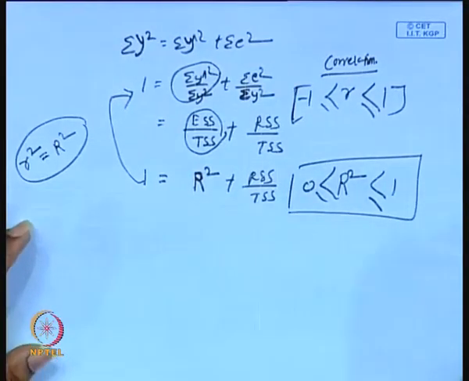So, what is the coefficient of determination? It is the ratio between explained sum of squares and total sum of squares. Technically, or going by physical interpretation, it is the total variation of the explained items relative to the total variation in y. This is why it is called r square, or the coefficient of determination.